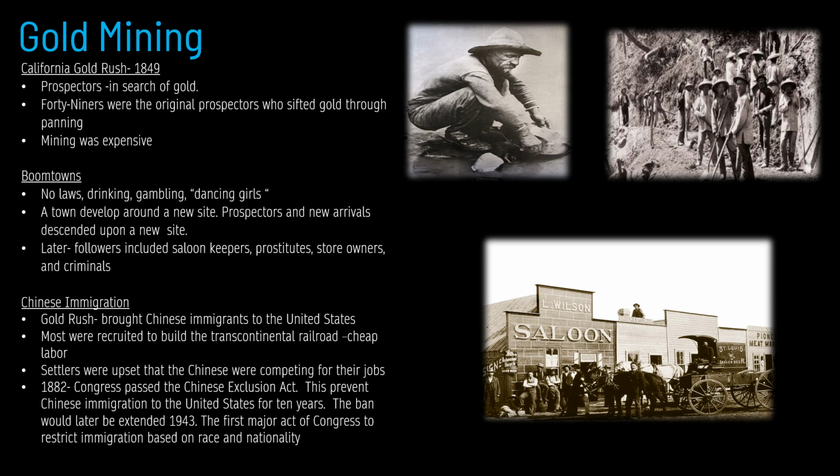This is going to limit Chinese immigration, and it's not going to really change until 1943. So it's one of the longest immigration restrictions in America. So the Chinese Exclusion Act is definitely something that you will need for testing.